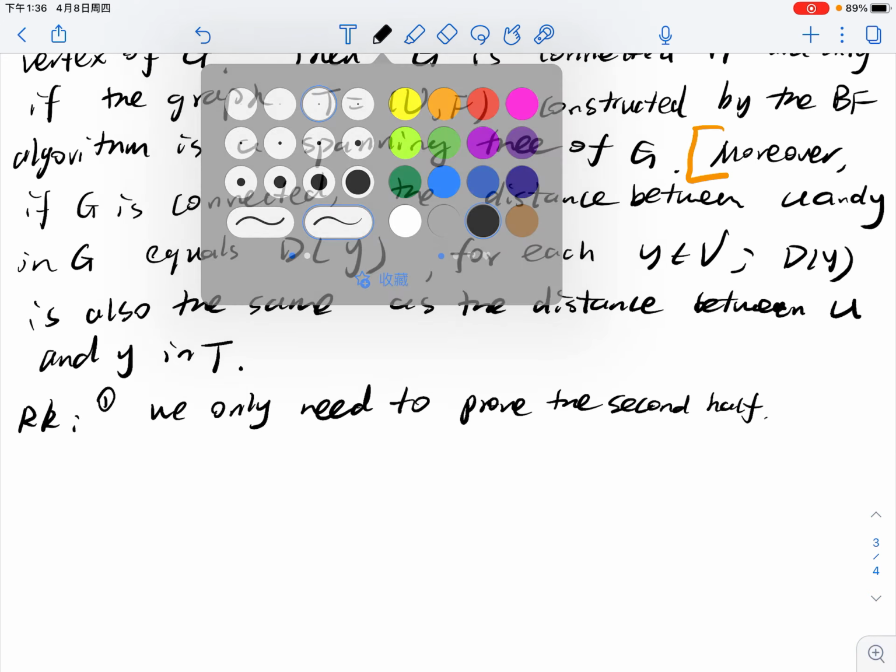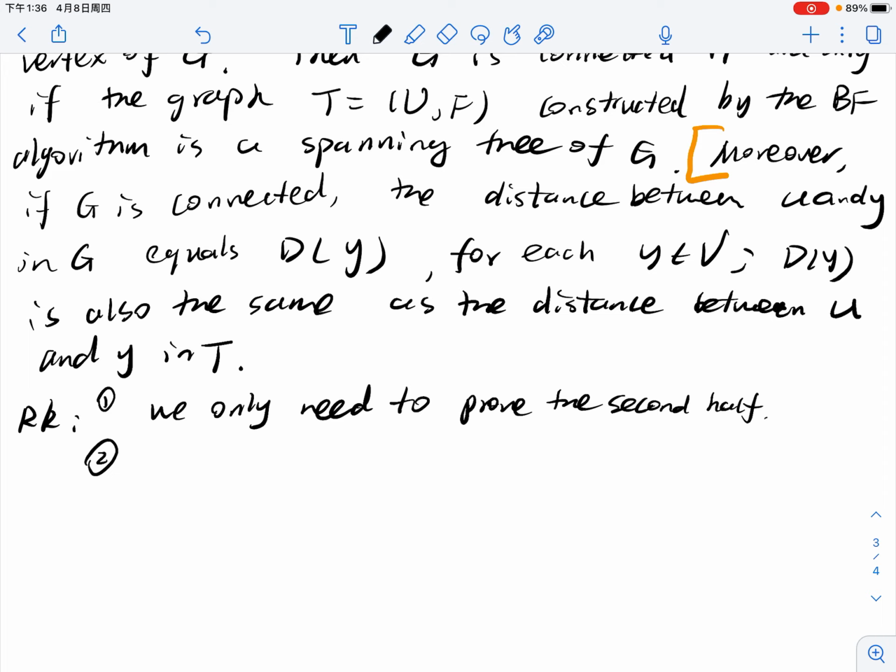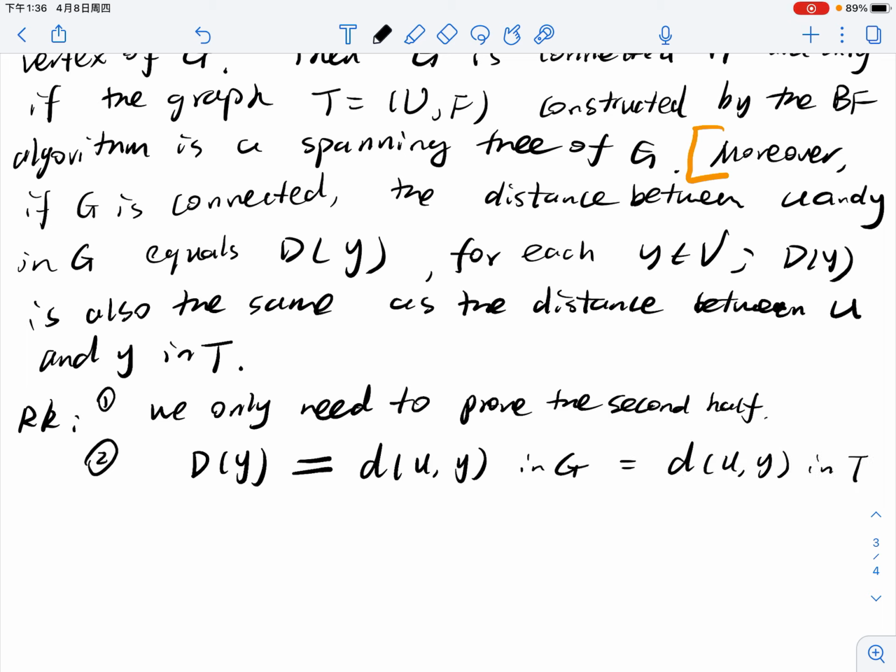And the second remark is that here we actually compare three distances. So first is the invariant dy, then second is the distance of uy in G, and then you have distance uy in T. Therefore, at the beginning, when we discuss the ambiguity of the defining of distance, actually in this algorithm, these three are the same.